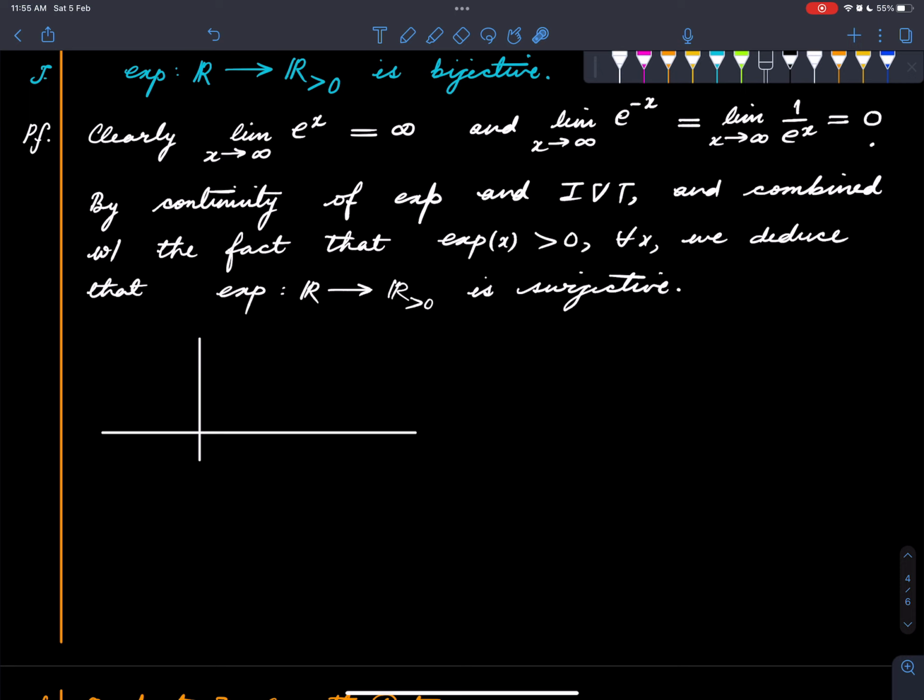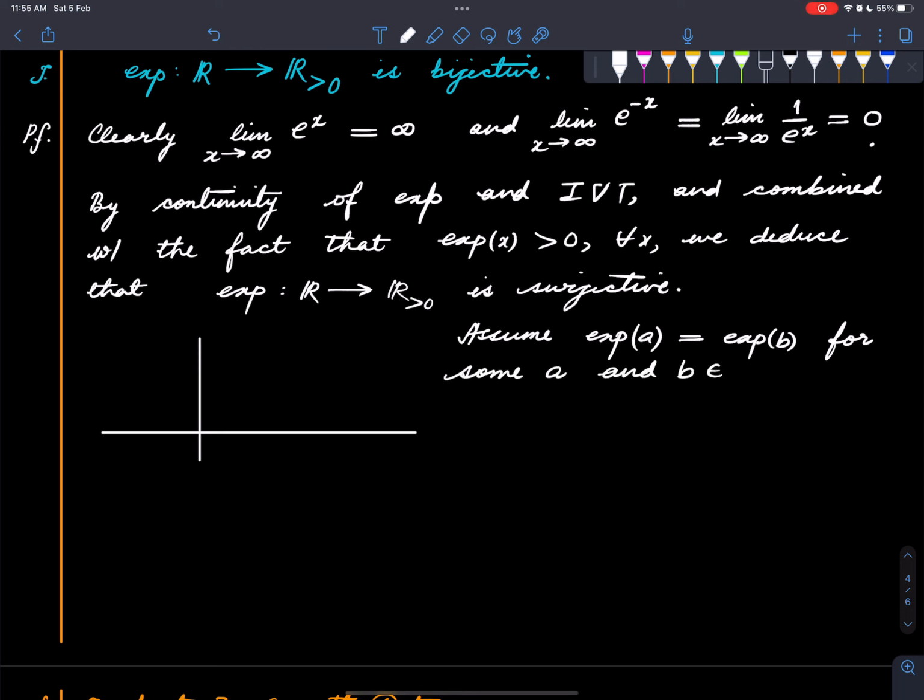So now to prove the bijection, we just need to also establish the injection. So for the injectivity, assume exp(a) equals exp(b) for some real numbers a and b. Then by Rolle's theorem, let's say this is a and this is b, and you have the same values. So the derivative must be 0 somewhere.